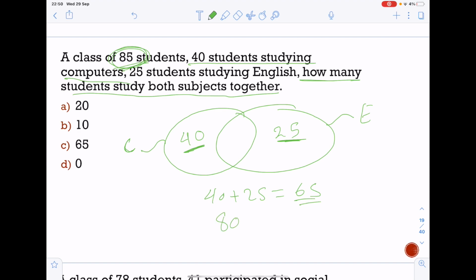So 85 minus 65, we have 20 students missing, which will be in the middle of the Venn diagram. That means they are studying both subjects, English and computer. So the answer is 20.